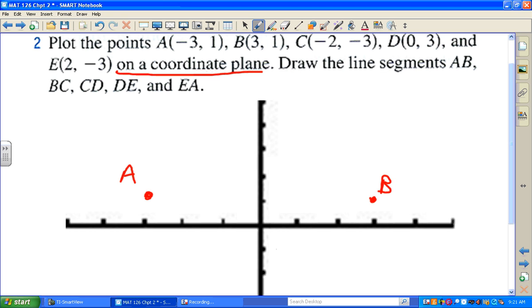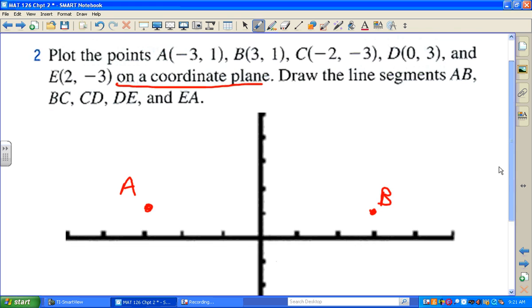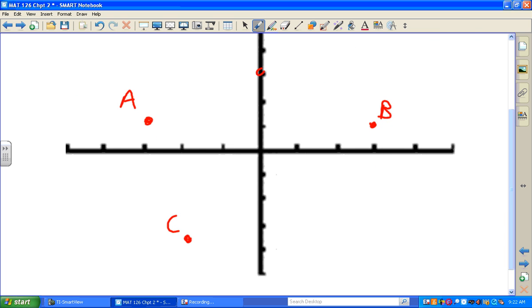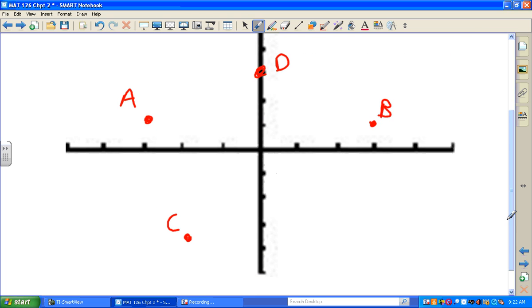B is 3 and 1. C is -2, -3. I need to go down a little bit. -2, -3. Oh, sorry, that's just a C. D is 0, 3. There's D. And E is 2, -3. 2, -3 is E. Yeah, it looks like a pentagon.